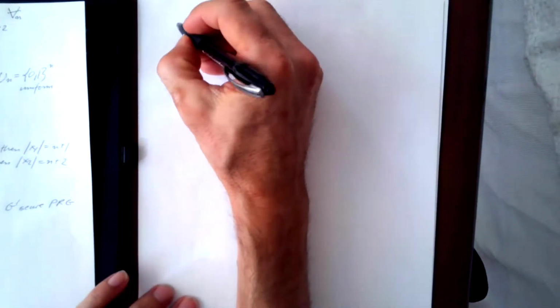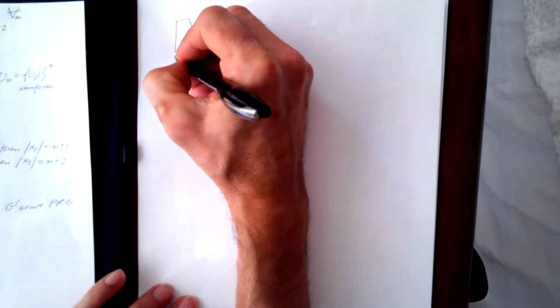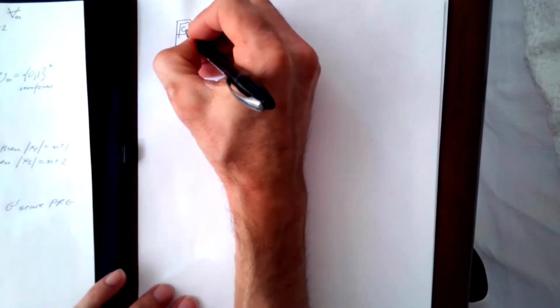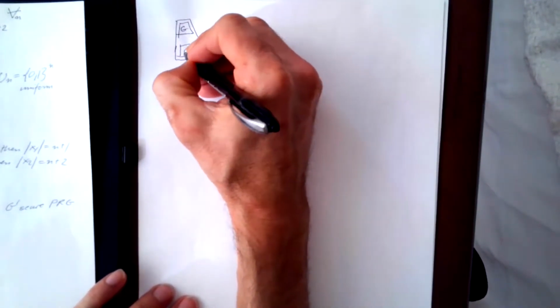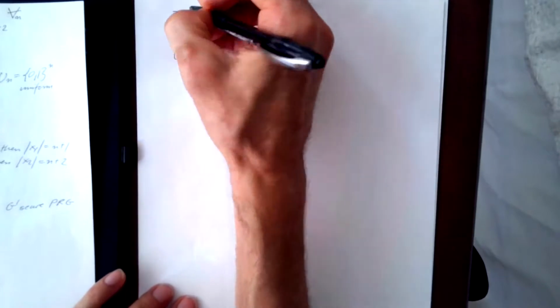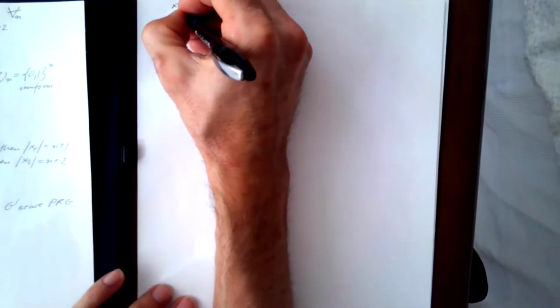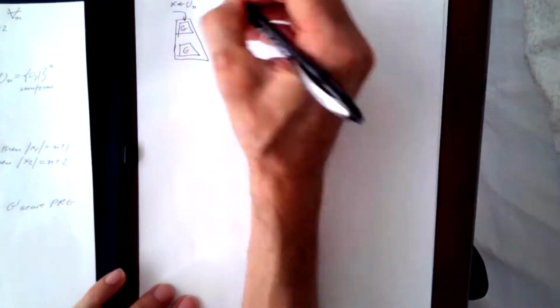Here it is again on a fresh piece of paper. We have two G boxes. We feed it with X, an n-bit string.